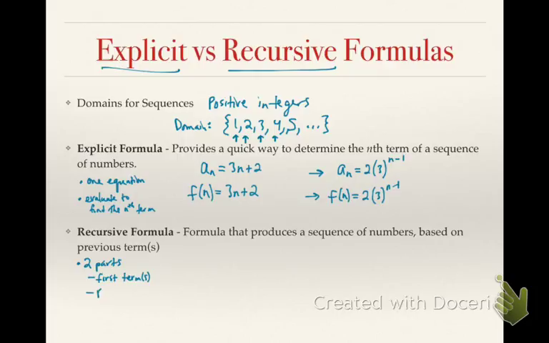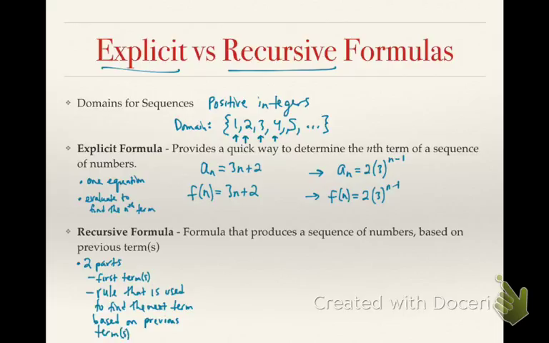Then you're going to write a rule that is used to find the next term based on previous terms. The important thing to know here is that it's always based on previous terms, or just a term.